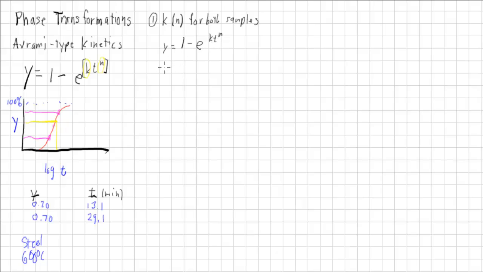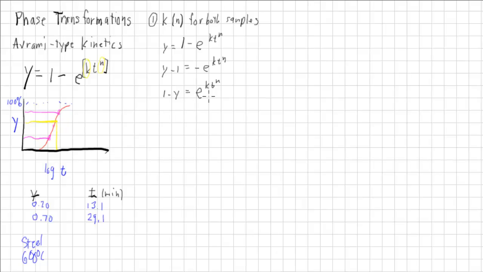So we subtract 1 from both sides: y minus 1 equals negative e to the k t to the n. Going to multiply through by a minus 1 on both sides, so these two get switched: 1 minus y equals e to the k t to the n.